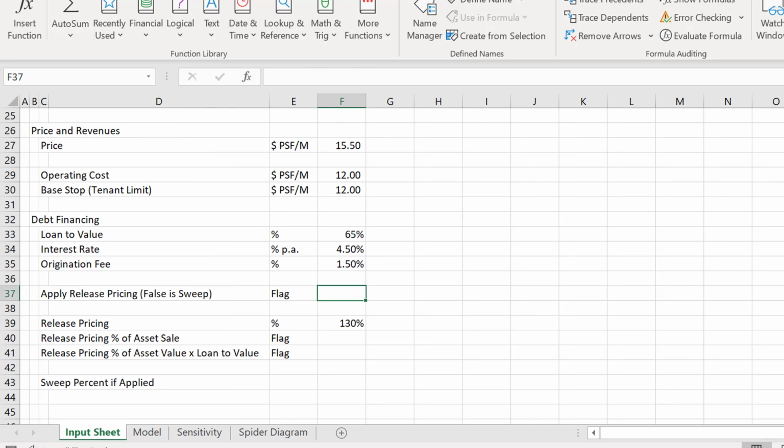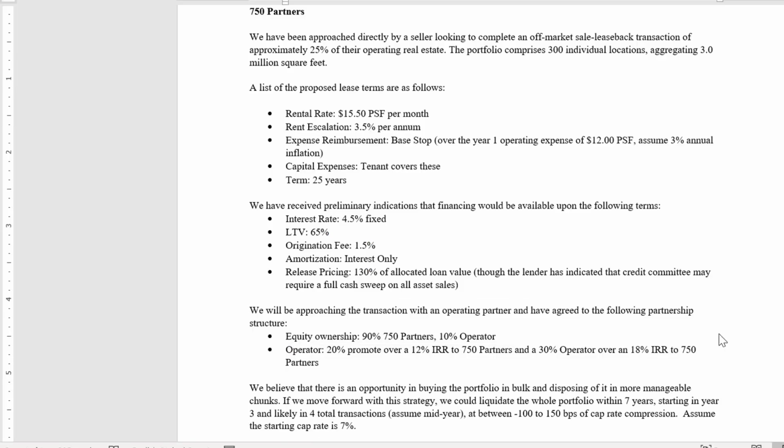Okay, now the complicated part of the financing is this stuff, this release pricing that we looked up, and maybe this is a percentage of the sales price, or maybe it's the sales price times the loan to value. It would make, for me, a lot more sense to have the sales price times the loan to value, but maybe it's the sales price.